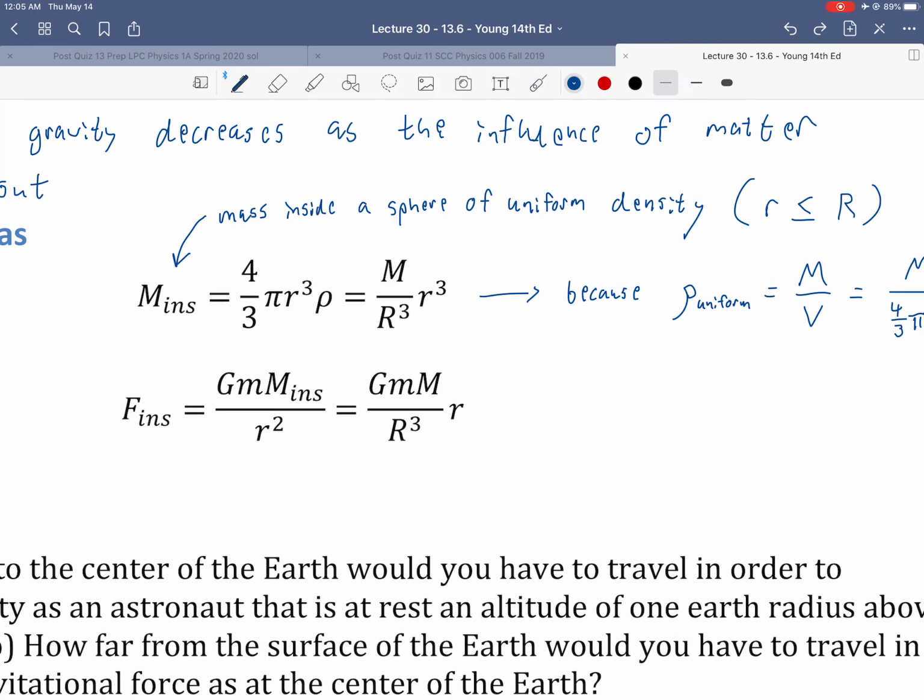Well, anyway, getting to the force part of it. If you look at force, this would be the force inside. And this is the gravitational force inside a sphere of uniform density.